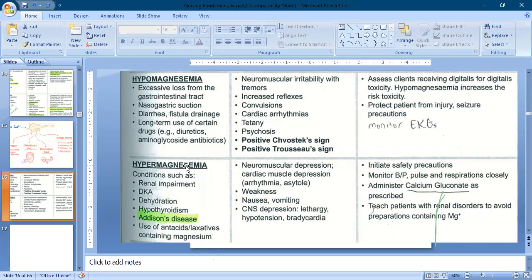Hypermagnesemia: when the magnesium level is more than normal, it is called hypermagnesemia. The causes of hypermagnesemia may be DKA, meaning diabetic ketoacidosis, dehydration, or Addison disease. Also kidney disease, and some laxatives also contain magnesium and cause hypermagnesemia.